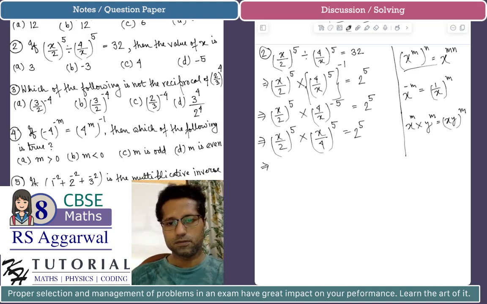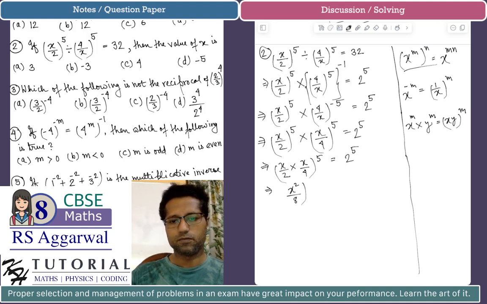So this becomes x by 2 multiplied by x by 4 whole raised to the power 5 is equal to 2 to the power 5. Now x by 2 multiplied by x by 4 is x square by 8. This whole raised to the power 5 is equal to 2 to the power 5.